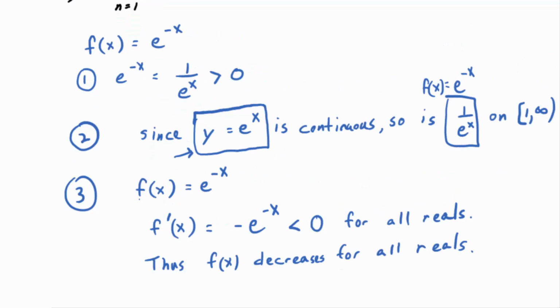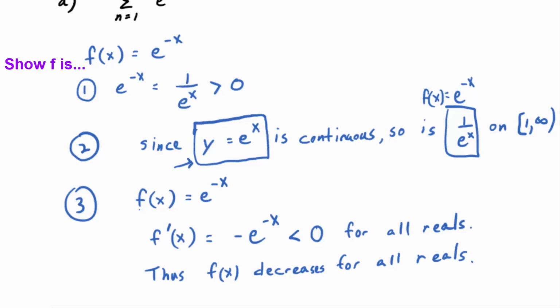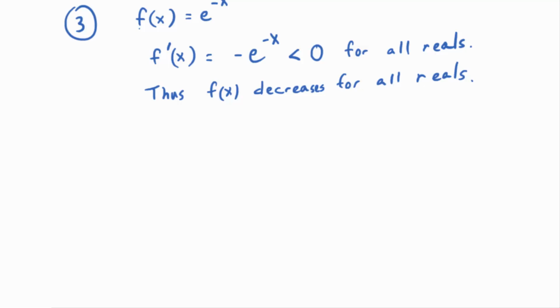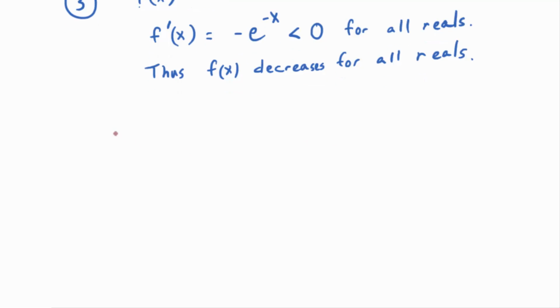Okay, so you have to show that it's positive, continuous, and decreasing. Once you've done that, you can apply the integral test. Does that make sense? So we then want to look at the integral from 1 to infinity of e to the negative x dx.